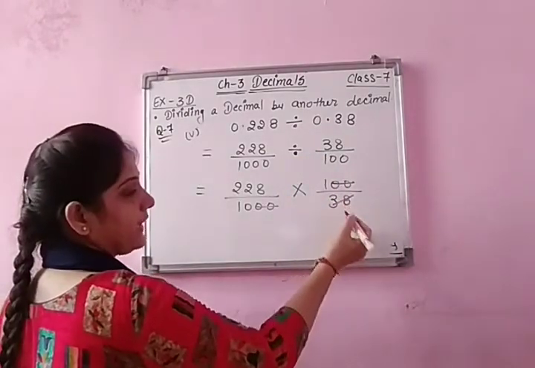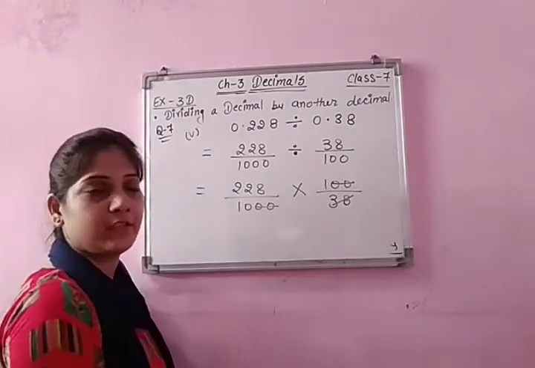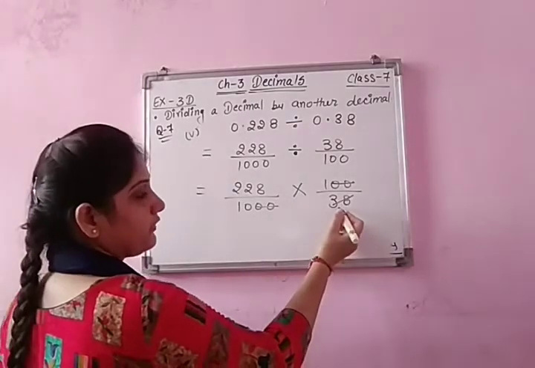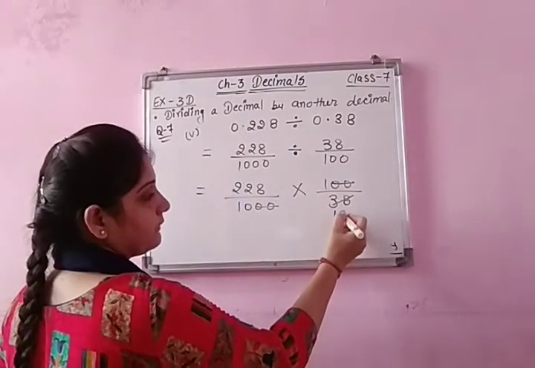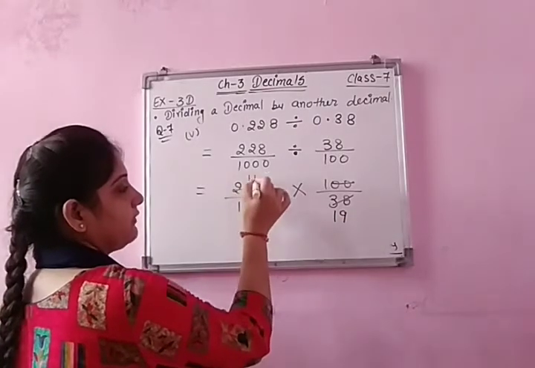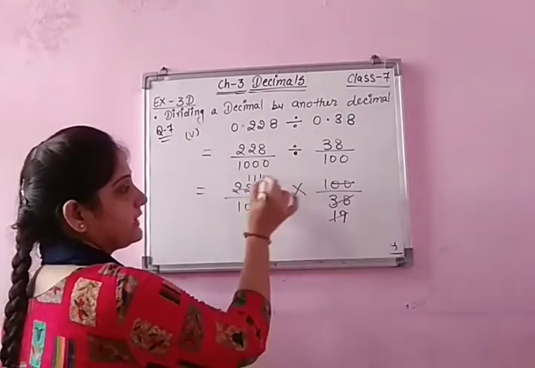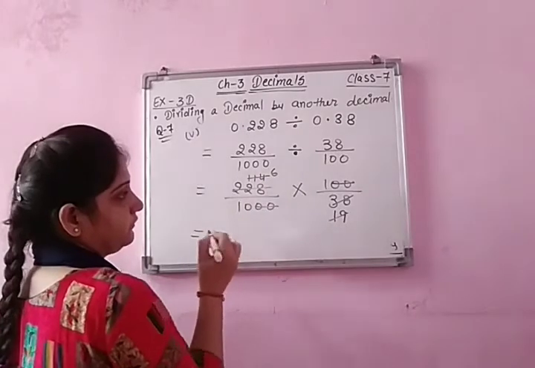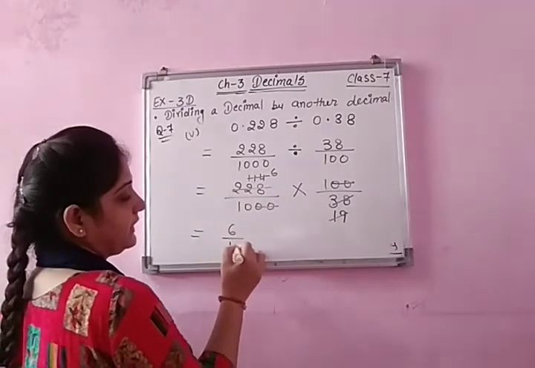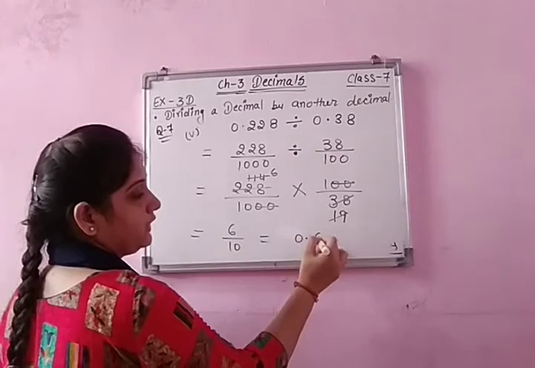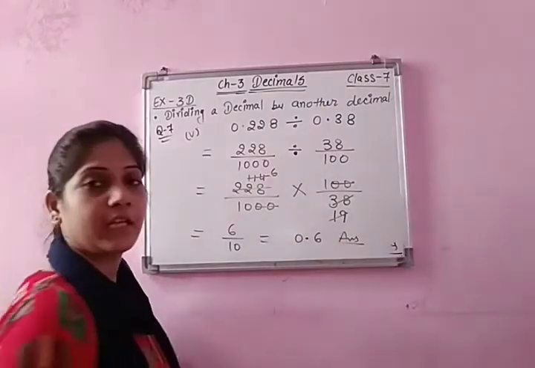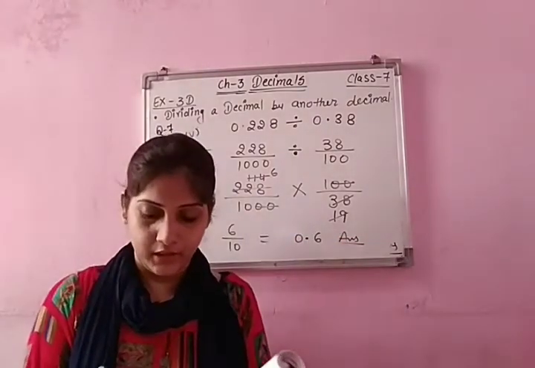Now you can apply the table of 2 or 19, it's your choice. So I am solving by 2. 2 9s are 18, 1 1 4, and 19 6 is 114. So 6 by 10 will give me 0.6. I hope it's clear to everyone.